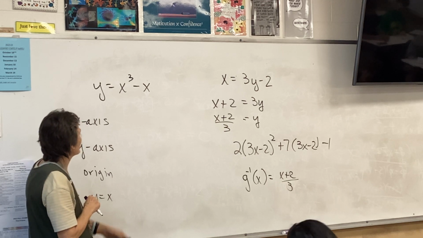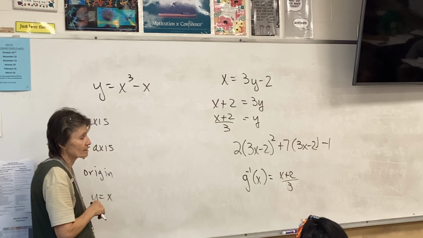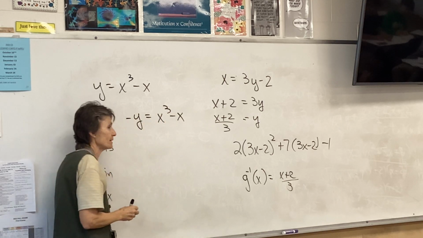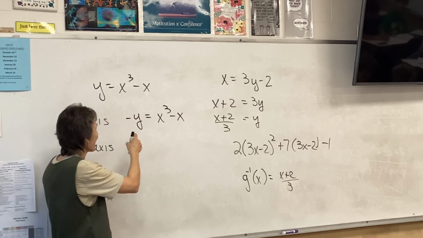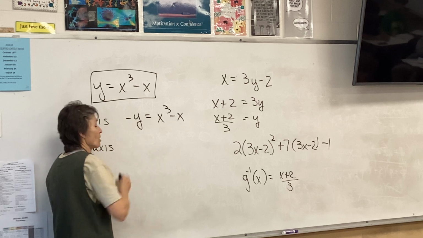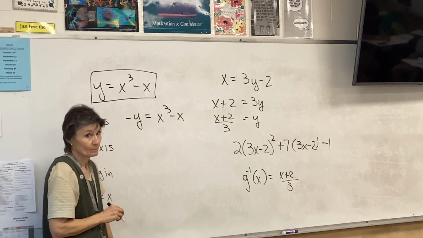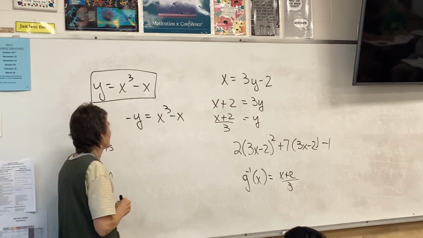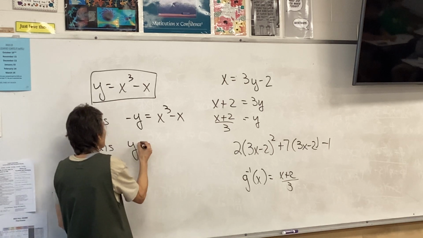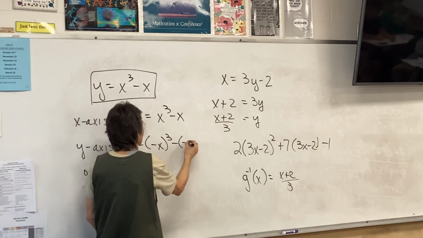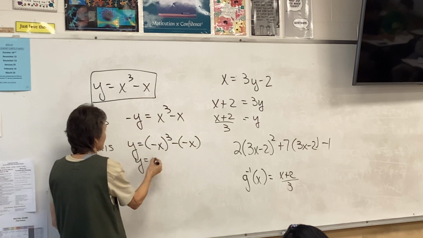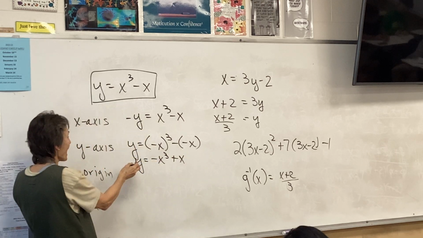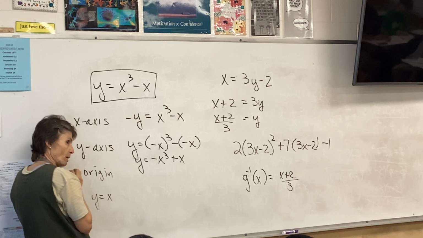So to do the test of symmetry for the x-axis, we change the sign on y. And then we stand back and look at that and say, is that the same equation as the one I started with? And the answer is, well, no, it's got a negative in front of it. So we have no symmetry to the x-axis. For the y-axis, we change the sign on the x's. Now that one will require me to simplify a little bit, so let's see. Does that match my original equation?